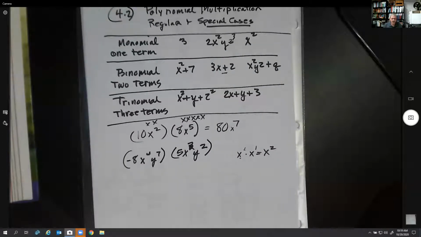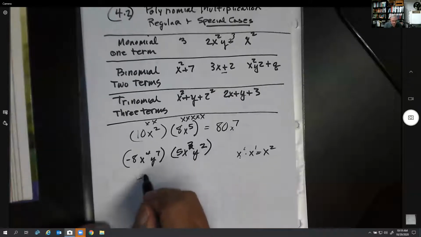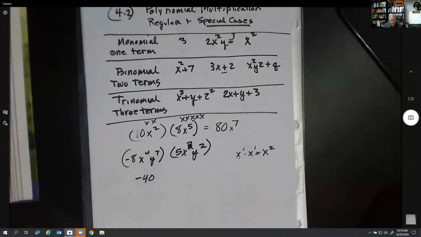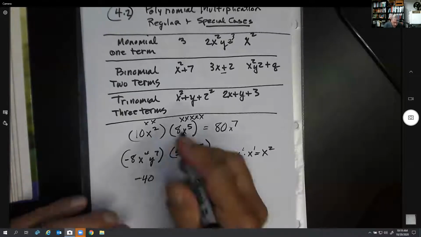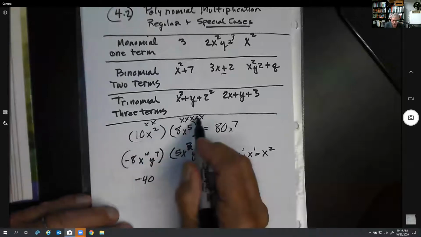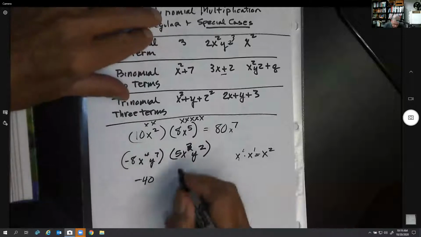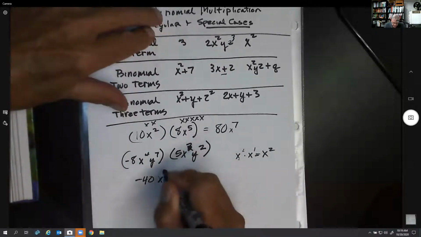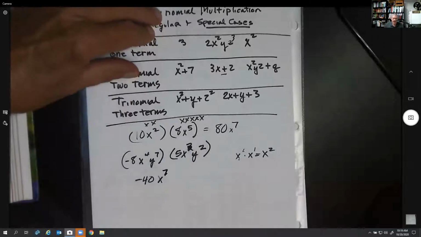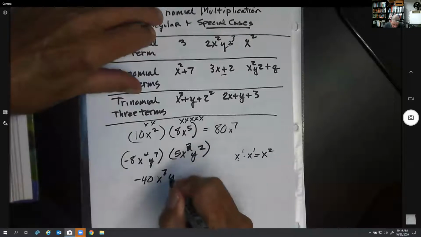So if you were thinking this together, and this is a 3, obviously you would think that this is negative 40. What's your sign here? What about the 4 and the 3? We don't want to put, like I did here, a bunch of x's. What if this was a 40? You'd be putting x's for the rest of your life. So this would be x to the 7, huh? We're just going to add those together. And 7 and 2 makes 9.